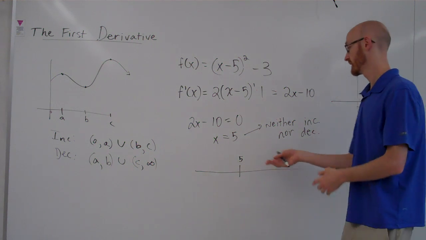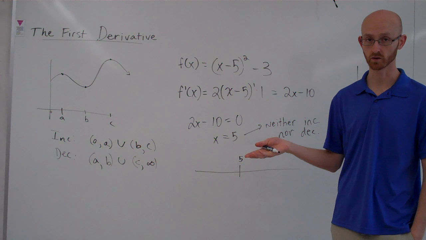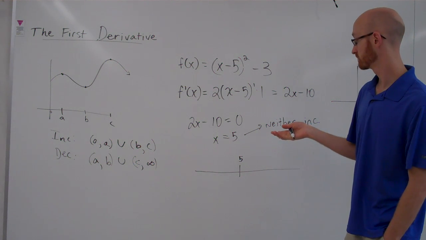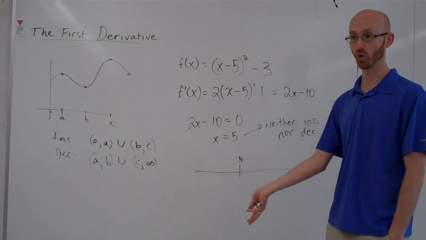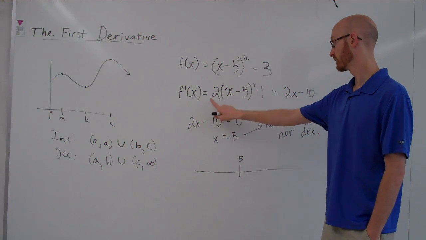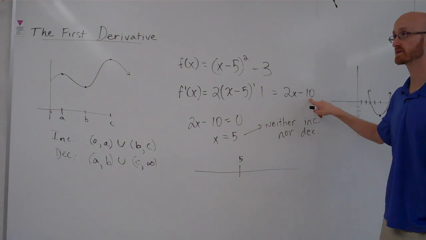So what we're going to do is take any value before 5 and plug something into the derivative. So let's take, for example, 4. If you substitute 4 into this derivative, 2 times 4 is 8 minus 10, that's negative.